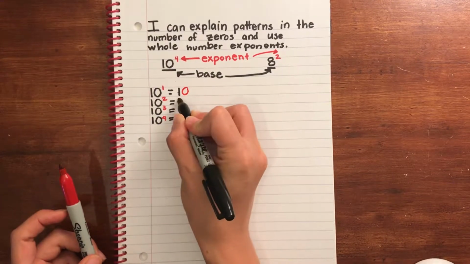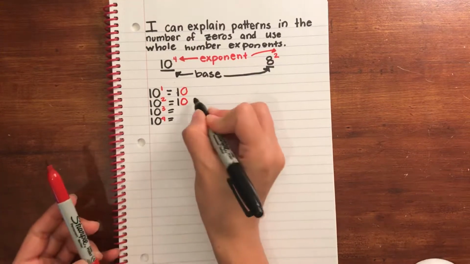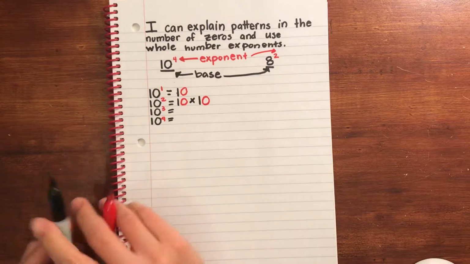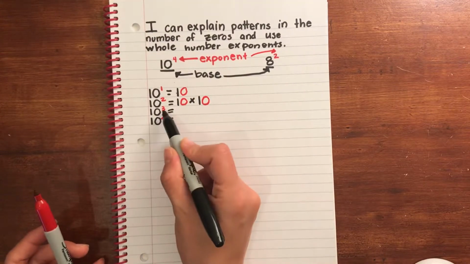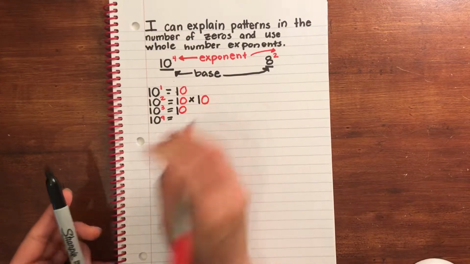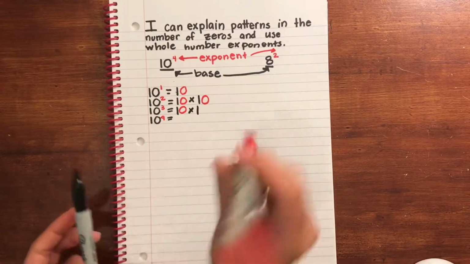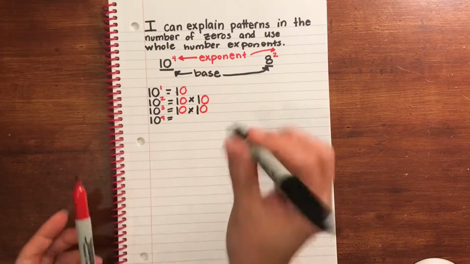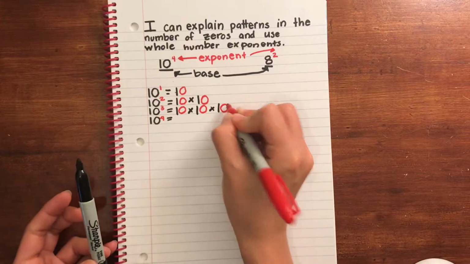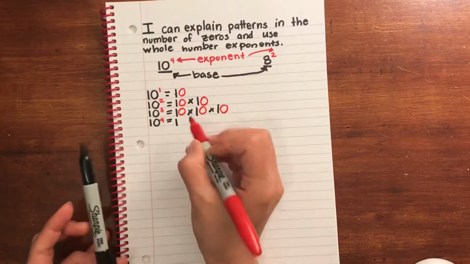That's 2, so I'll have 2 tens. 10 to the third power is saying I'm going to multiply 10 by itself 1, 2, 3 times. 10 to the fourth power is saying I'm going to multiply 10 by itself 4 times.